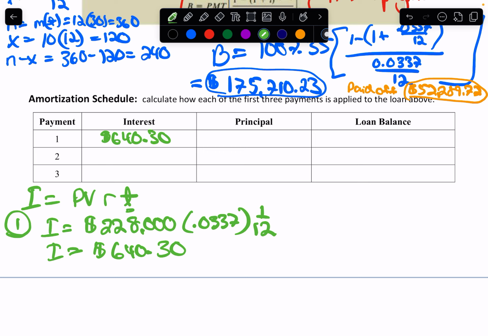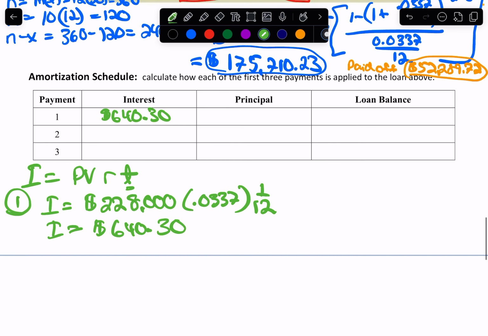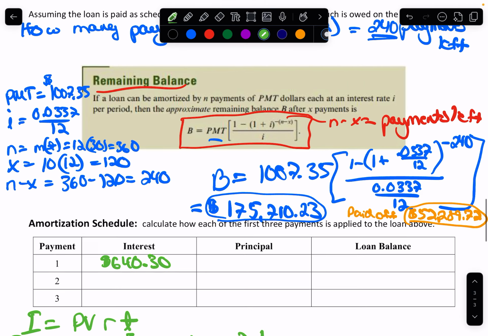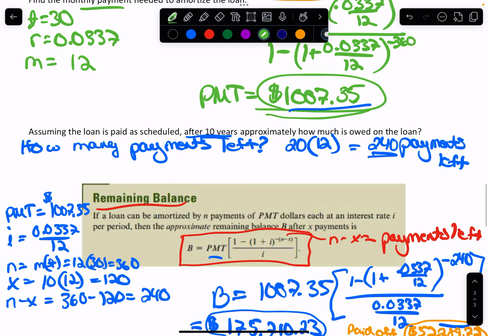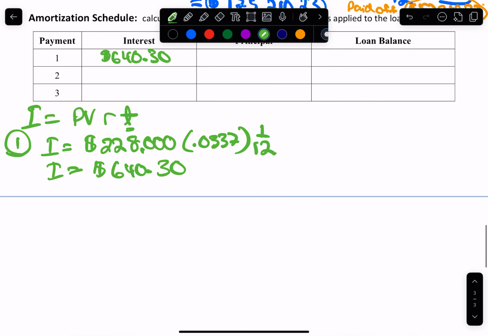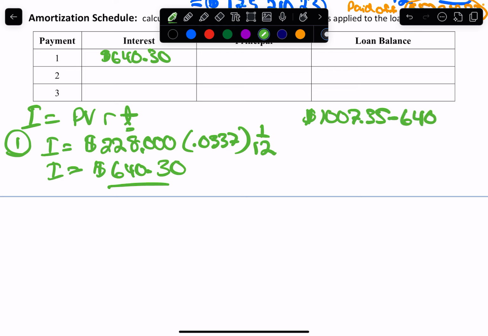Now what we're going to do next is take the monthly payment, which was over here, this amount right here, 1,007.35. Let me do it here. 1,007.35, subtract the interest, $640.30.